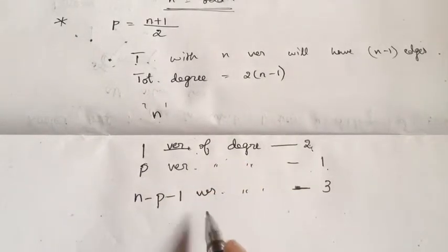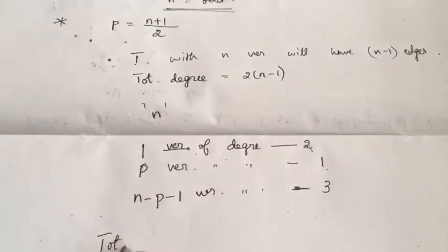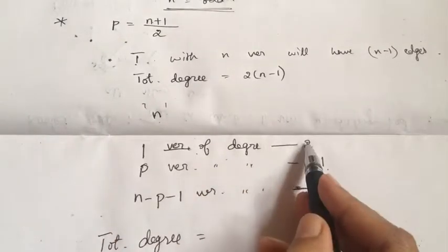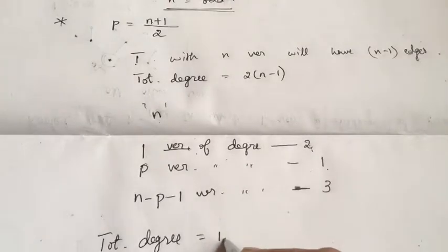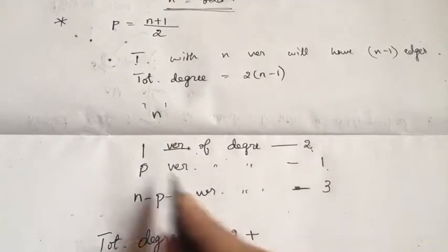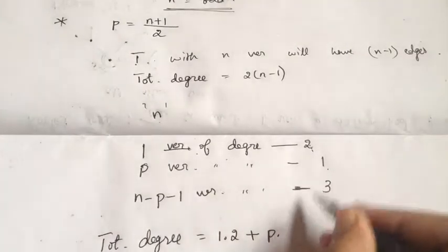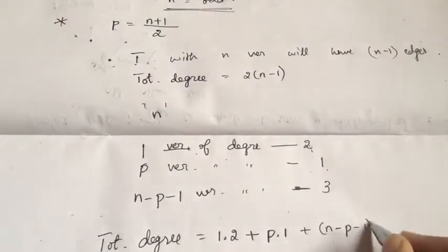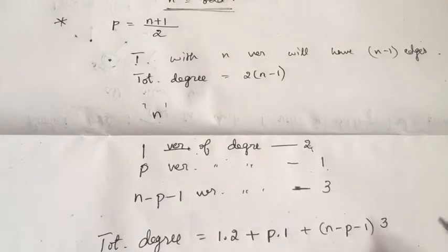So the total degree becomes 1 into 2, plus p vertices of degree 1, and n minus p minus 1 vertices of degree 3.